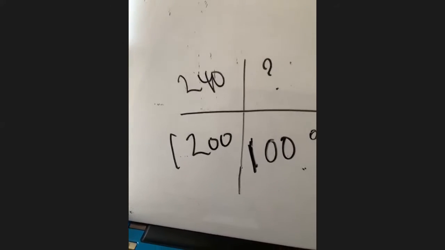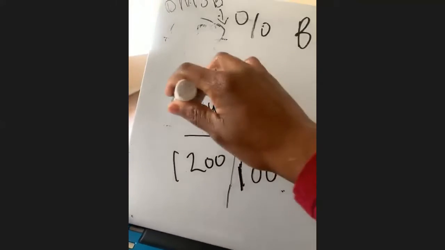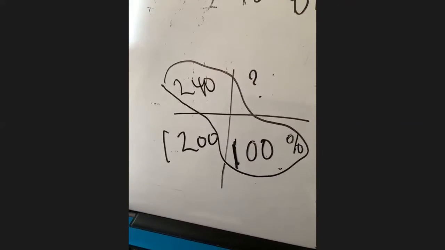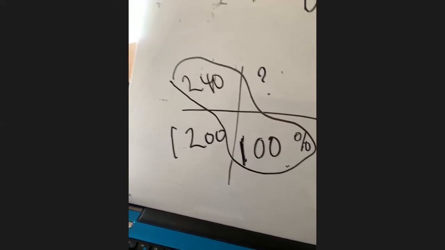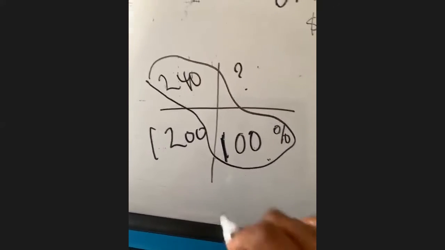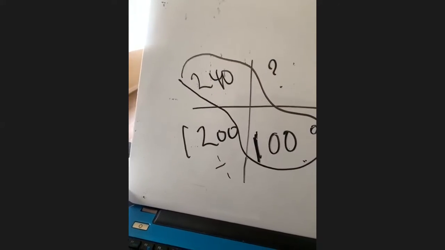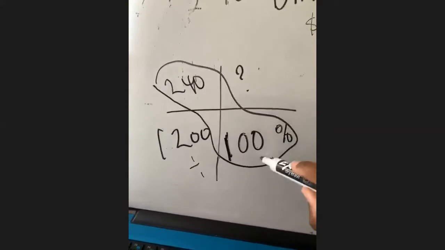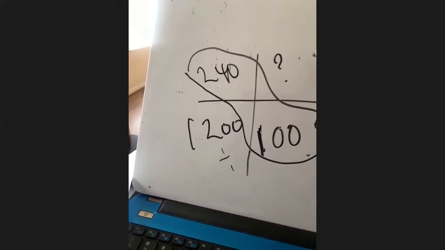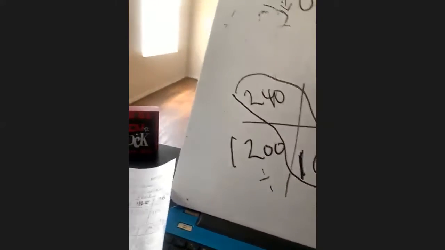For time's sake, you can work it at your leisure, but we'll take 100 times 240, and then do the division: 240 times 100, divided by 1,200, and then we would get 200. I'm sorry, we would get 20%. I kind of told you earlier when we did it.